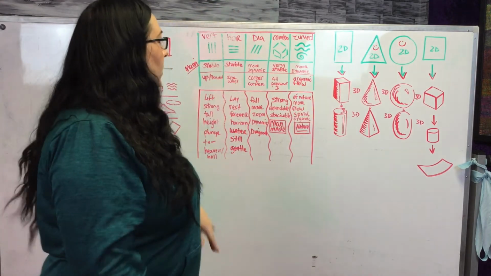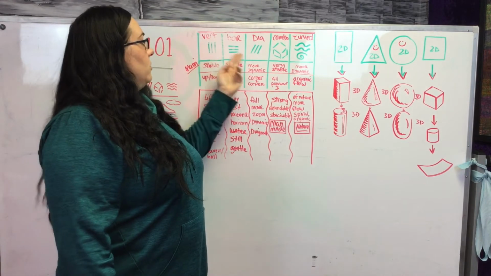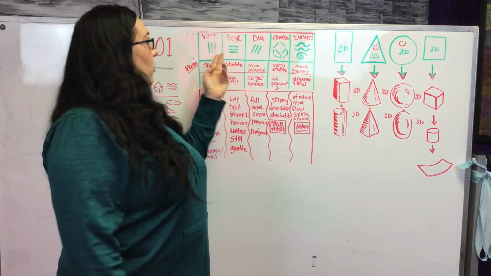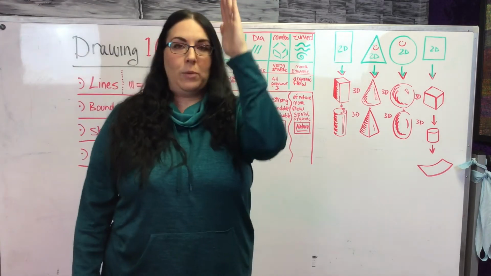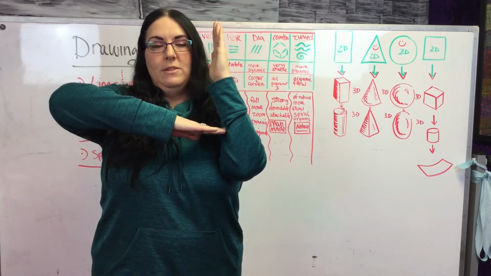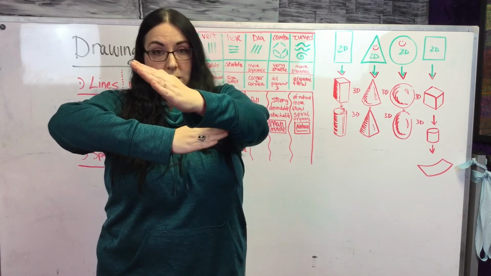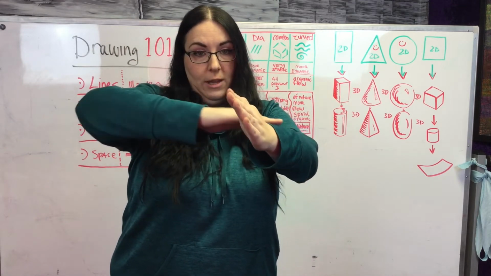Then we have combination lines. Combination lines are these three lines together, which is vertical lines, horizontal, and diagonal. So you have the strength of up and down, the calmness of stability, and then you have a diagonal line that comes at you like this. And then that creates perspective. See the foreshortening in my hand?